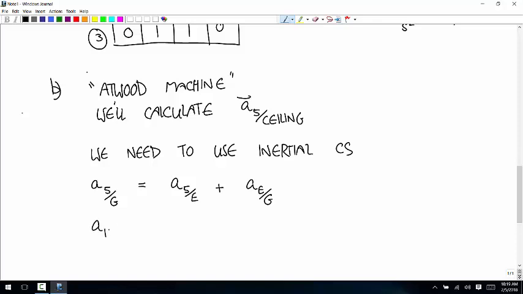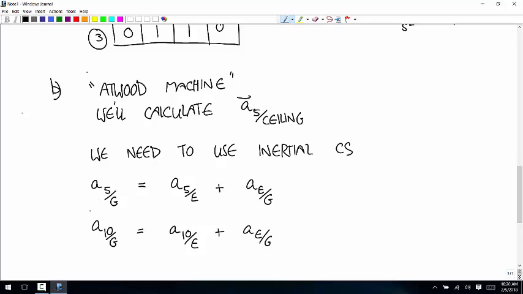And the acceleration of the 10 relative to the ground is equal to the acceleration of the 10 relative to the elevator plus the acceleration of the elevator relative to the ground. These two equations as separate issues? Yeah.